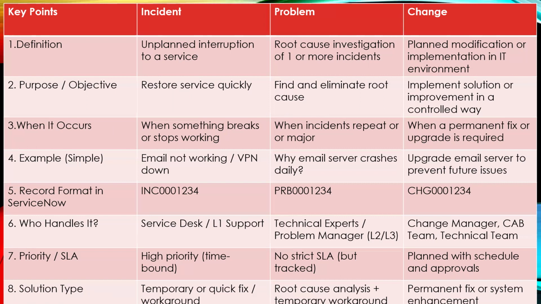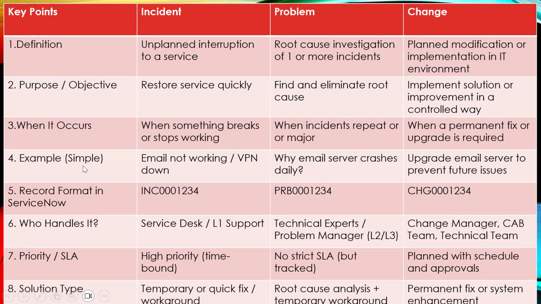So when something breaks or stops working suddenly, it will cause an incident. A problem occurs when incidents are repeated or major, when continuous repeating of incidents has a major effect on the business. A change is when a permanent fix or system enhancement or upgrade is required.